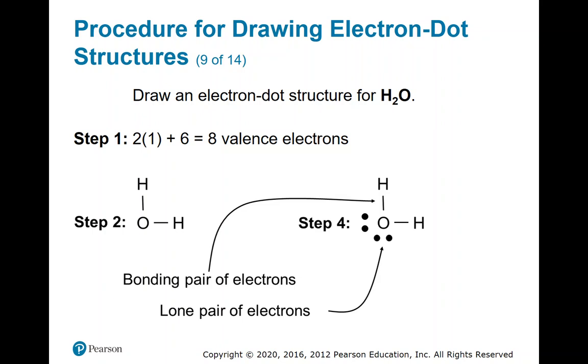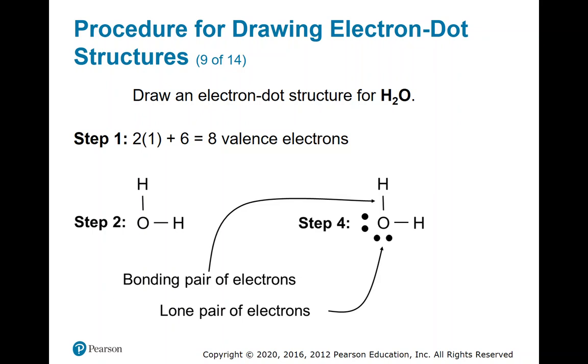And remember, hydrogen will only have 2 electrons around it instead of 8, so we're not going to be able to assign any more electrons to our hydrogen for the simple reason that our hydrogen has 2 electrons available to it with the single bond. So remember, each bond contains a bonding pair of electrons, so each of those hydrogens has access to 2 electrons via the bonding pairs between it and the oxygen. So there's no electrons to place down in step 3.